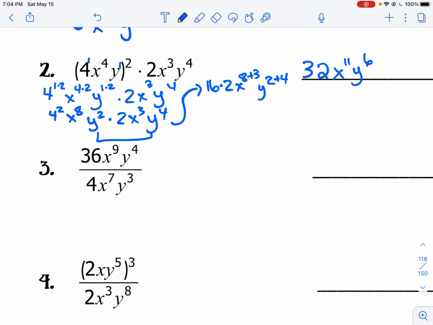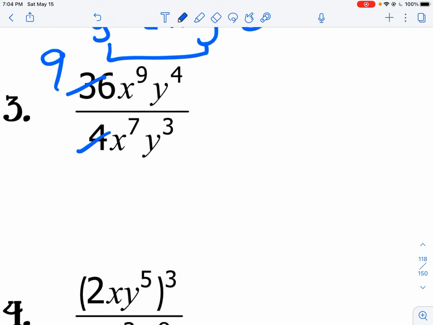Next one. Now if I look at the coefficients here, 36 over 4, that's just division. 36 divided by 4. That would get me 9. So I don't even have to do anything else with the coefficients. But if you look at this, there's nothing else we can do in the numerator. So now that there's nothing else I can do in the numerator, I have x's divided by x's, y's divided by y's.